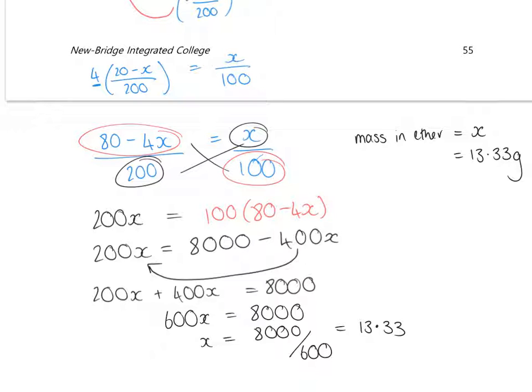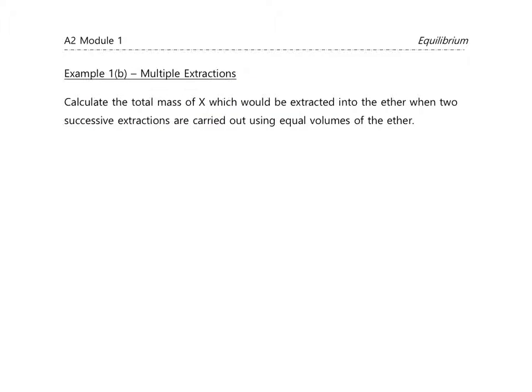On the next page, we'll do the same example, but using 2 smaller volumes of our organic solvent. So the second part of the question is asking us to compare how much would be extracted into the ether layer if we were to use 2 smaller portions of our organic solvent. So you can see with the previous question that I had 100 centimetres cubed of ether.